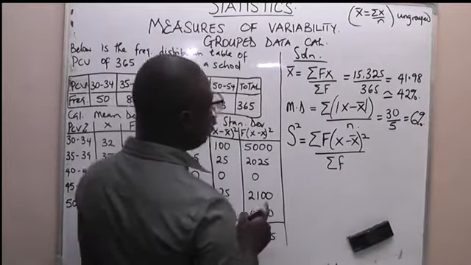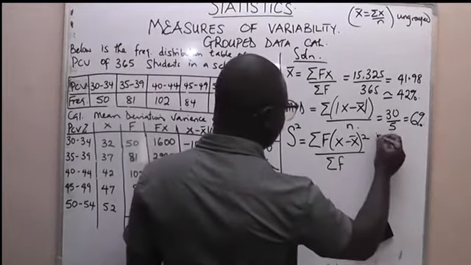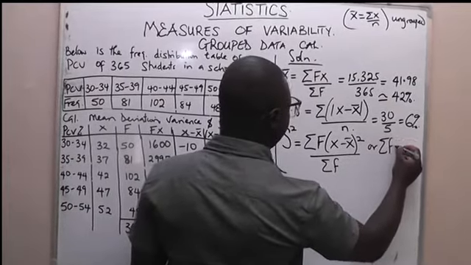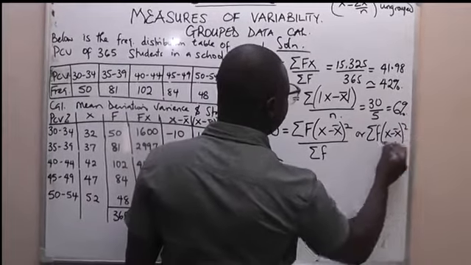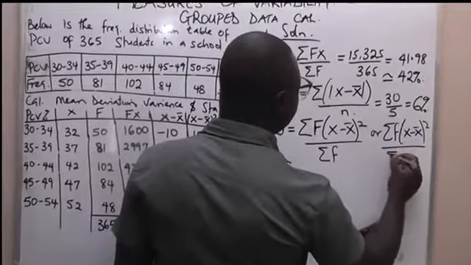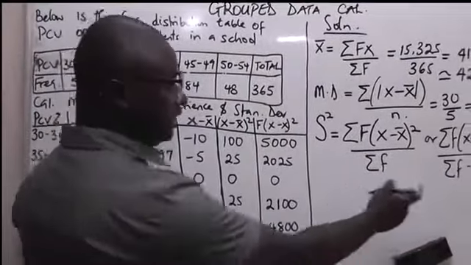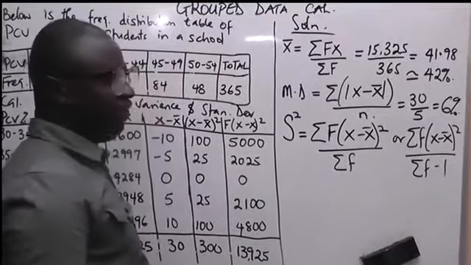Even though in some books you will see it as summation f x minus x bar squared all over summation f minus 1. Okay, so you may see this in some books, right? But basically that's the formula for variance.